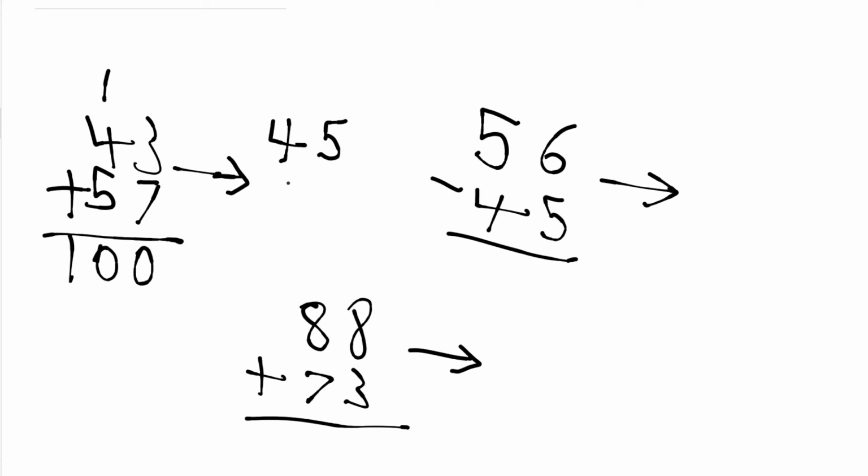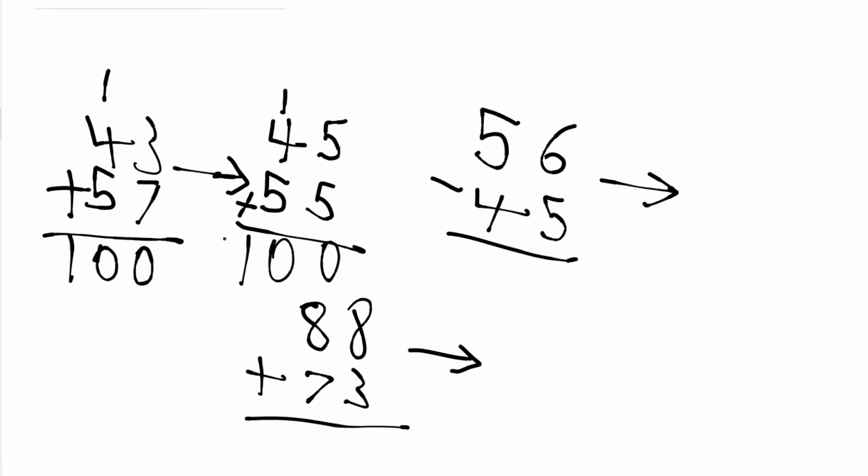So we put 55 like this. So 5 plus 5 is 10. Put 1 on top, and 1 plus 4 is 5. And 5 plus 5 is 100. So we put 100 like this.